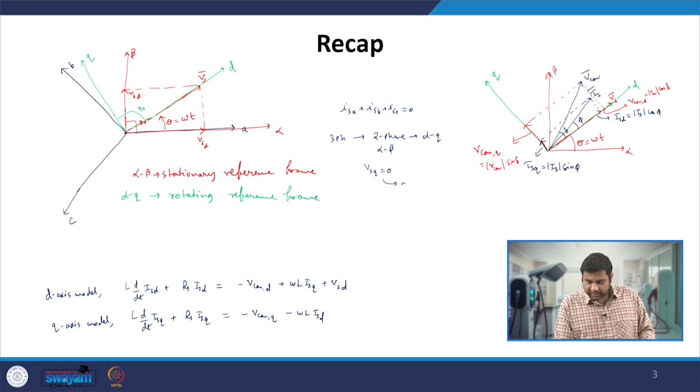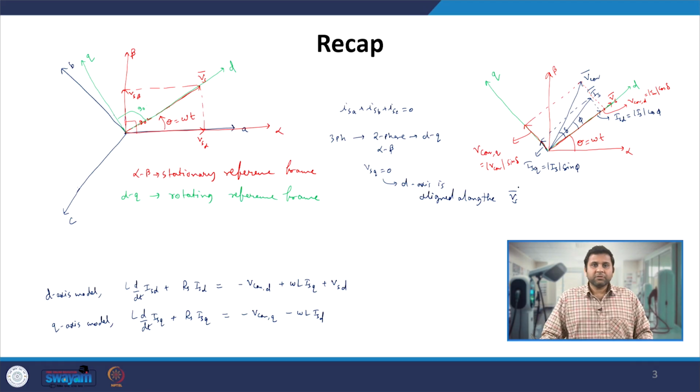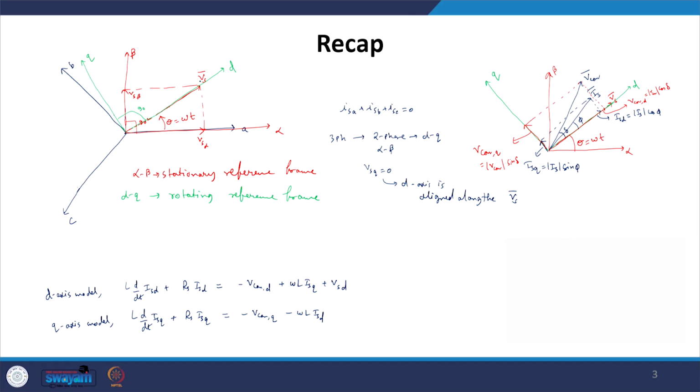That is when the D axis is aligned along the Vs space vector. Since we are making the VSQ component equal to 0, the Vs space vector has only the VSD component, and that VSD component determines the overall magnitude of the source voltage space vector.